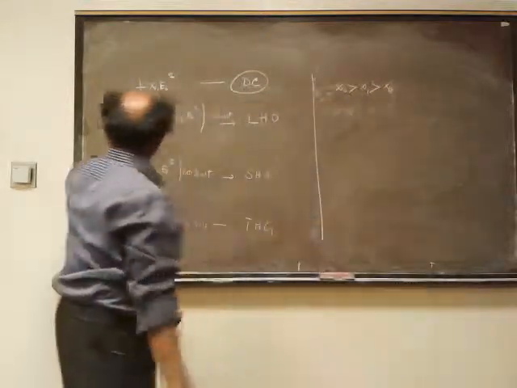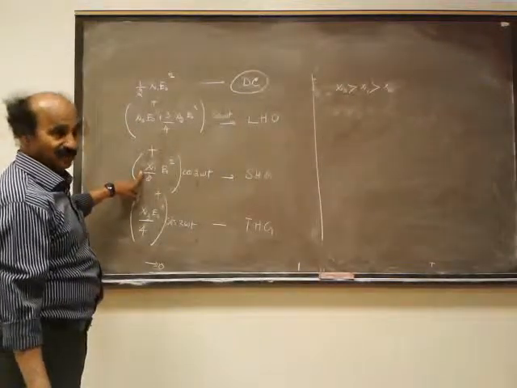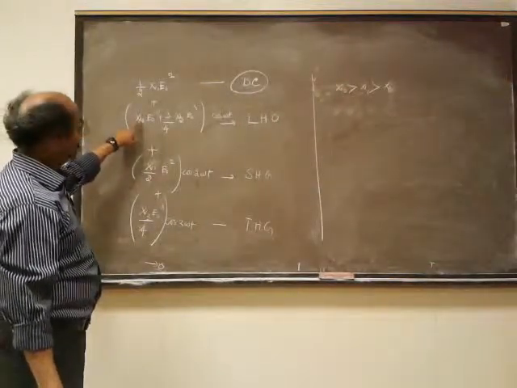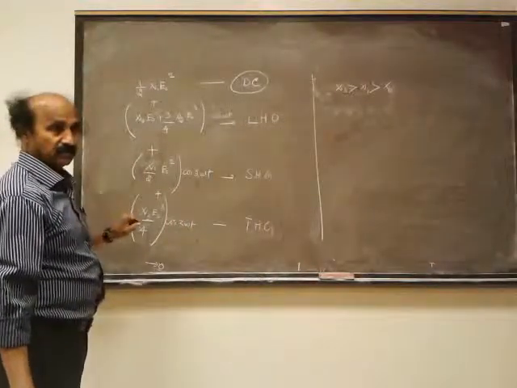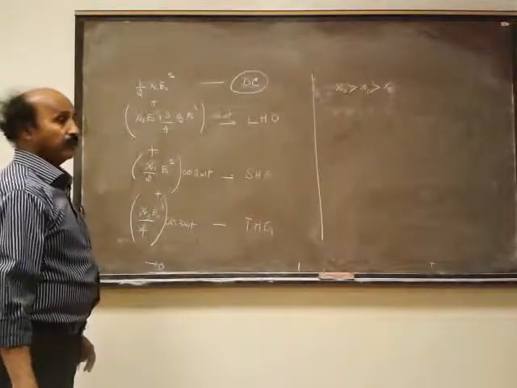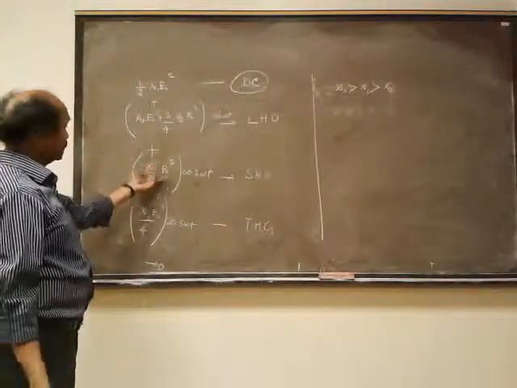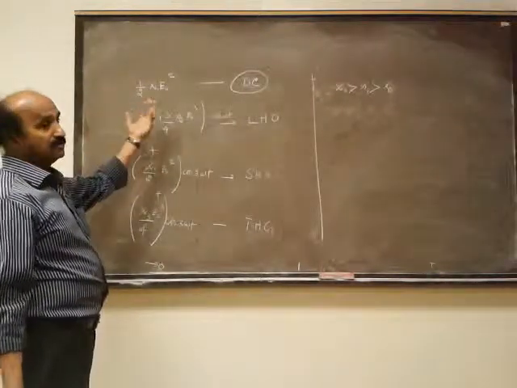So this will be stronger than this. Understand? This is stronger than this. But it is there. Stronger in intensity, because this represents the amplitude of the wave. Correspondingly, the square of it gives the intensity.